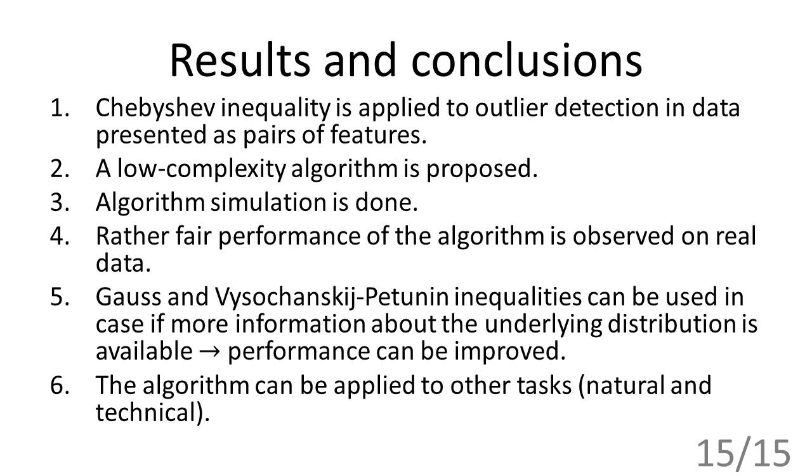And eventually we expect successful application of this algorithm not only to astronomical tasks, but to a wide class of tasks in other fields, for example, nature and technical tasks, where this kind of data presented as pairs of means and standard deviations can be dealt with quite often.